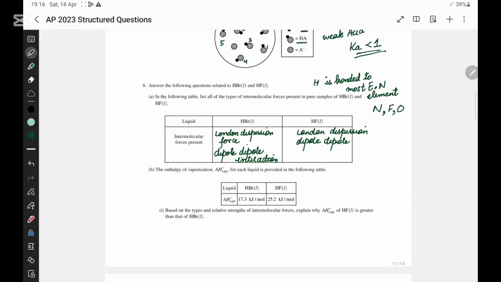So London dispersion force, dipole-dipole, and hydrogen bonding, this special type of force is called hydrogen bonding because fluorine is present there. So that's going to be hydrogen bonding as well.